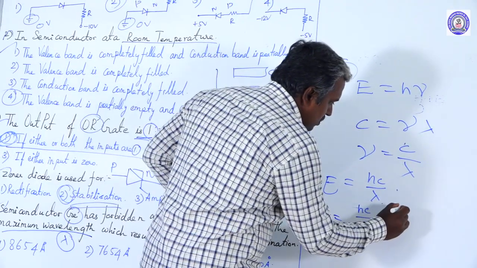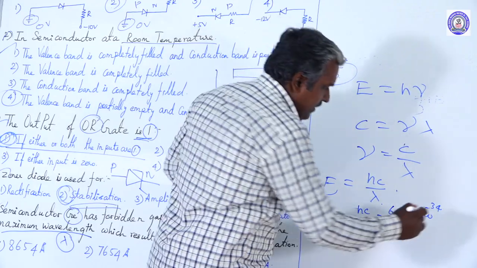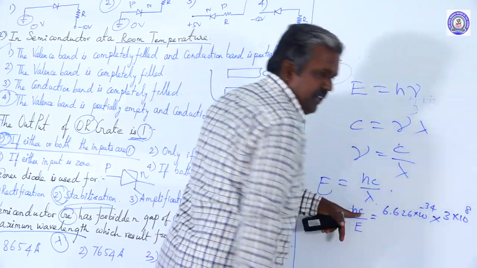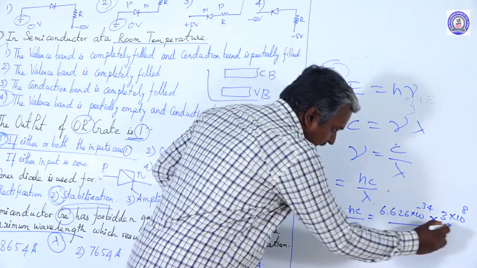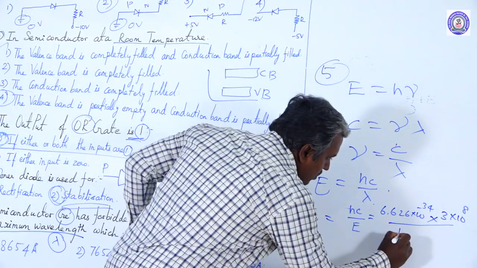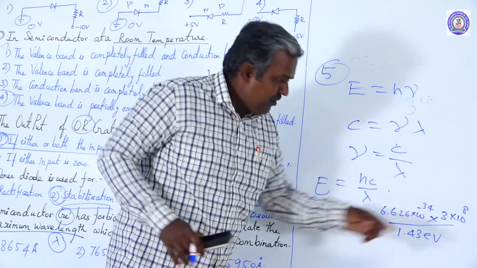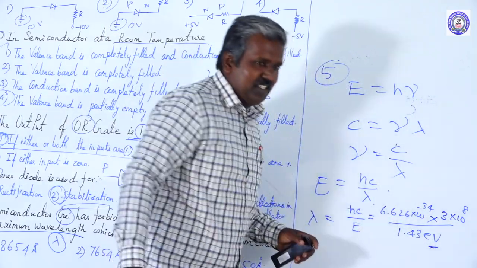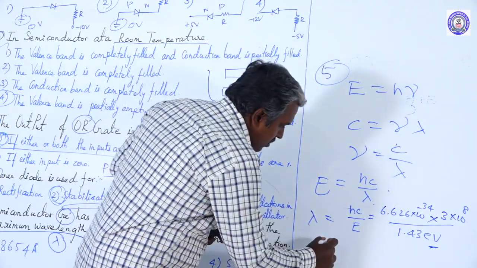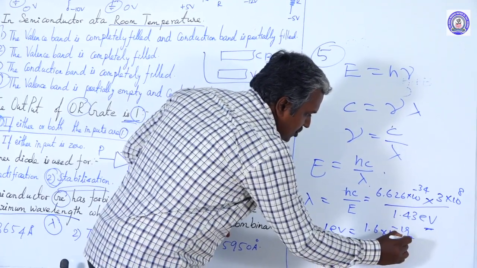Its value is 6.626 into 10 power minus 34 joule second, c is 3 into 10 power 8, divided by energy 1.43 electron volt. But we must convert it into joules while calculating lambda. 1 electron volt is equal to 1.6 into 10 power minus 19 joules.